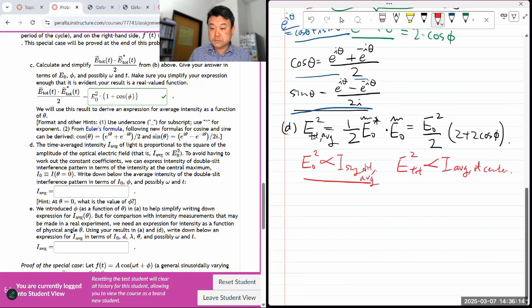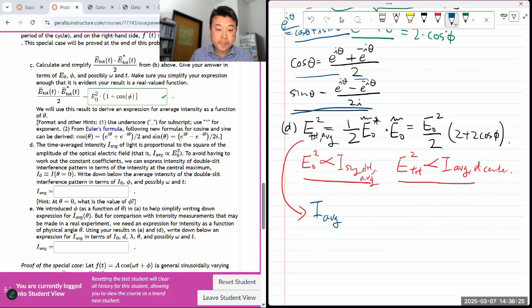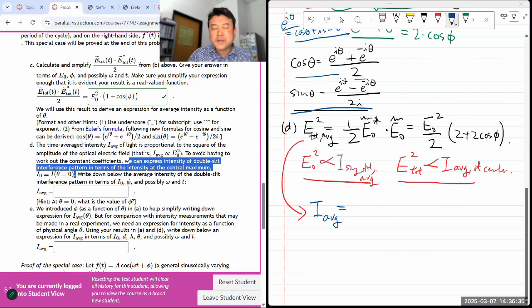So just staring at this for a bit, my intensity average total is equal to, now let me read it carefully. We can express intensity of double-slit in terms of, okay, so it feels like it's already setting what I0 is.